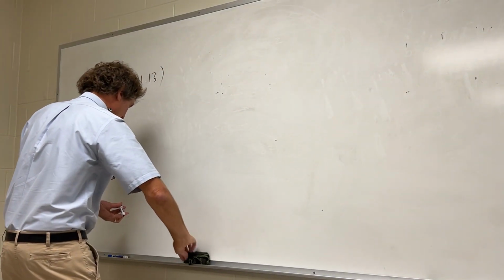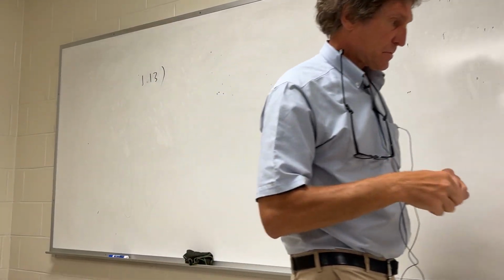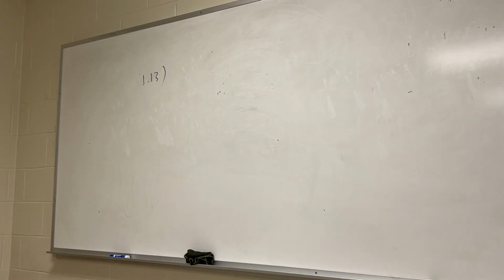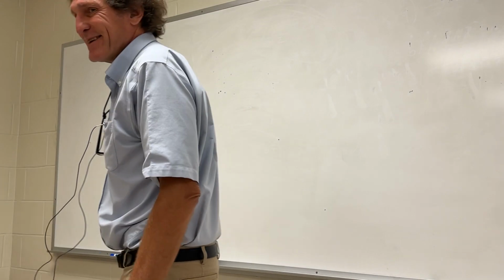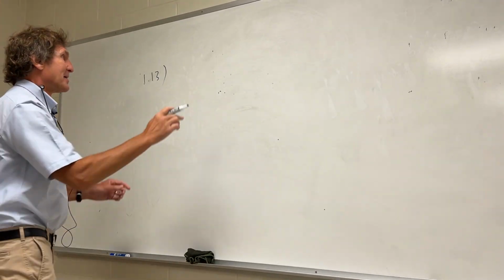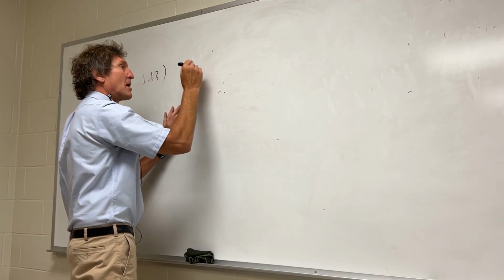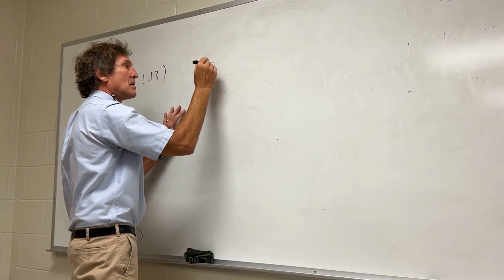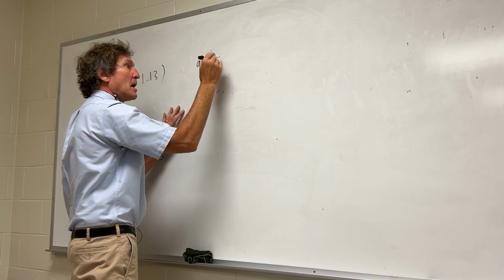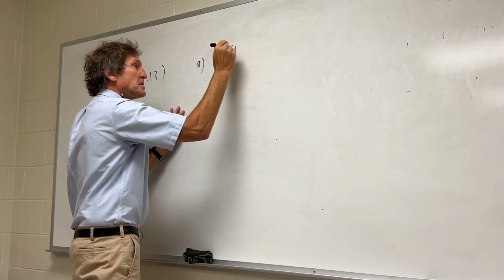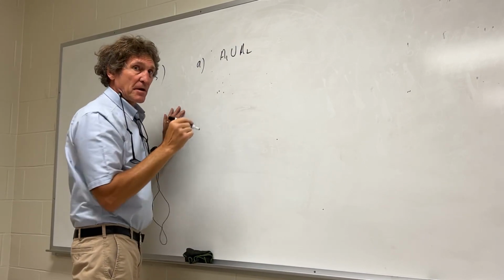So when we take a look at what he wants now: express in words each of the following events and compute the probability of each event. A1 union A2, is that right?